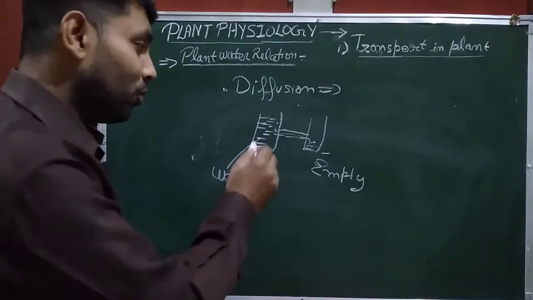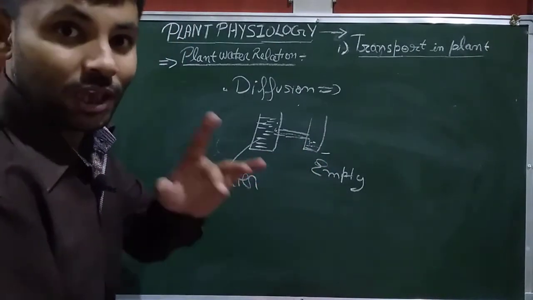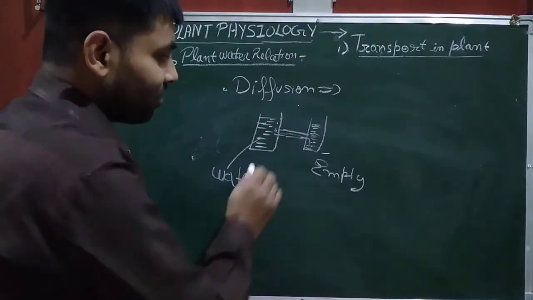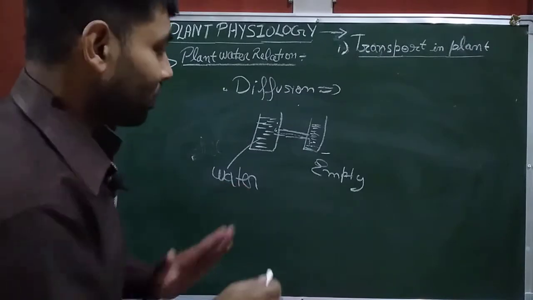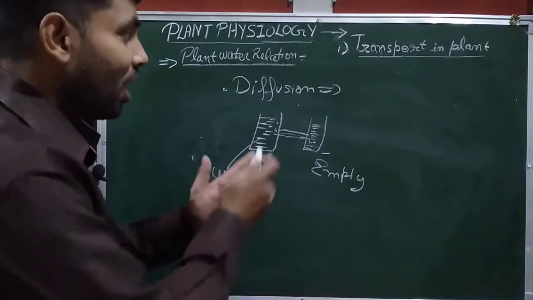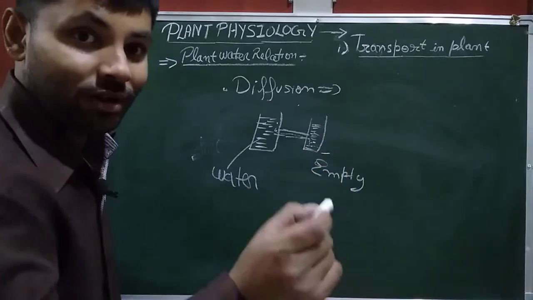It moves until it reaches equilibrium, meaning both glasses become equal in water level. It is very clear. In this way, diffusion occurs from higher concentration to lower concentration.